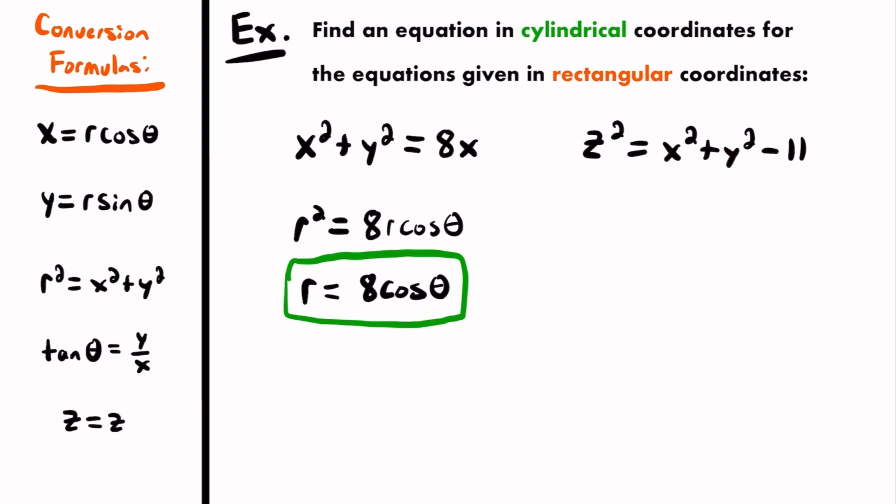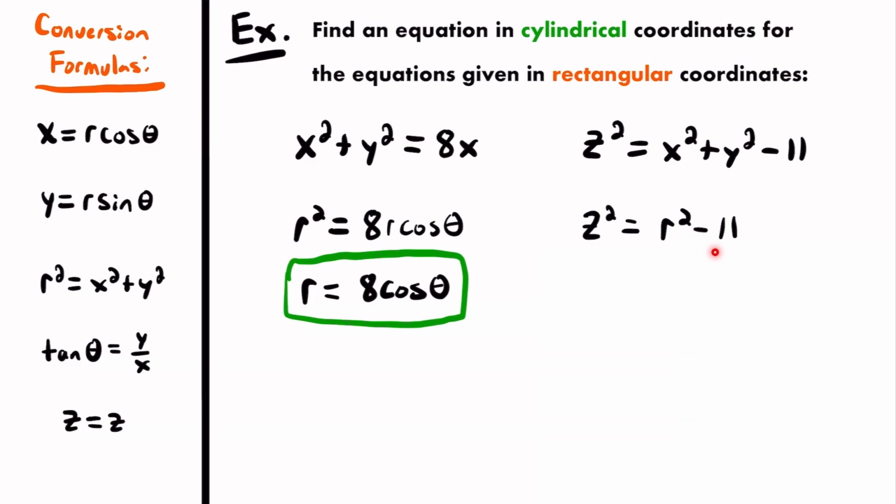Now let's look at this one here. We have a very similar conversion. z² equals x² plus y² minus 11. We can replace x² plus y² with r². So we'd have z² equals r² minus 11. And really, you could leave it like that. That would be your final answer. But like I said earlier, if you can solve for r, you should, or at least solve for r².